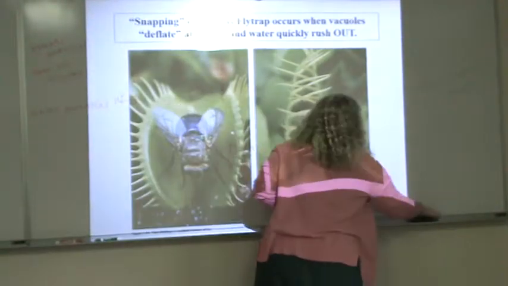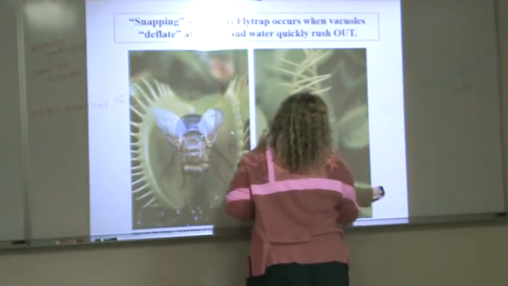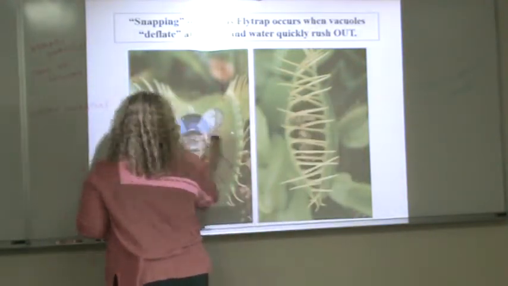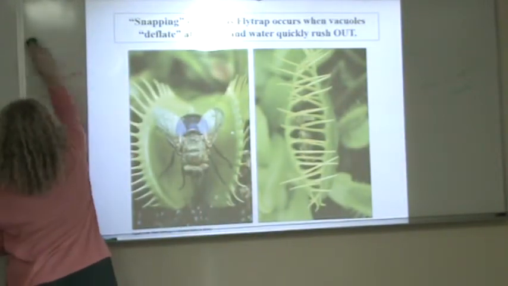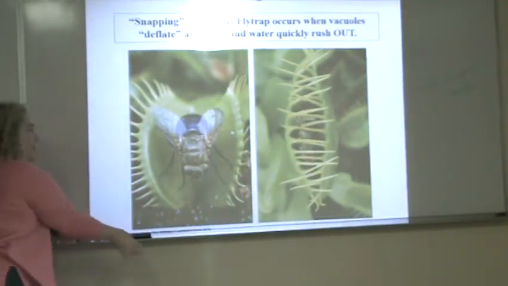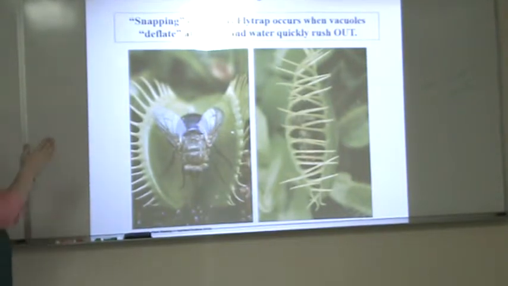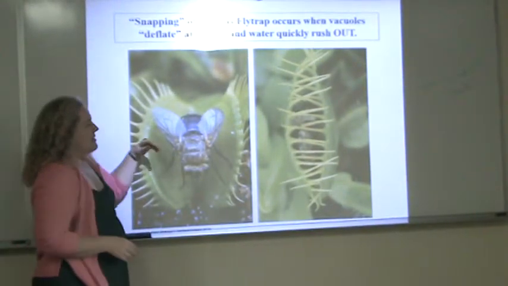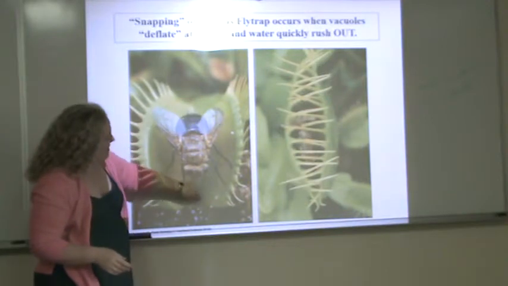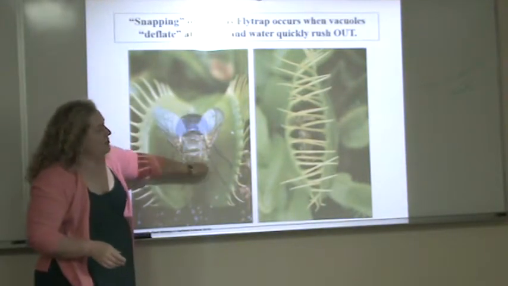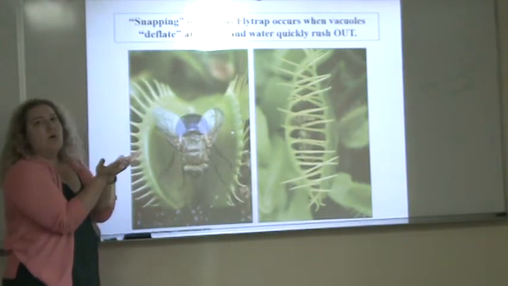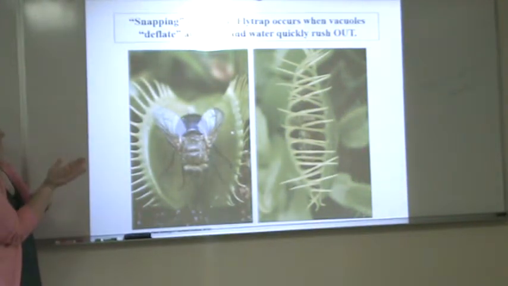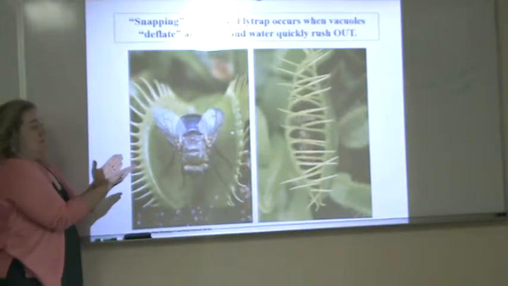So making solutes build up and pull water, plants use this to do some pretty interesting things. So when a Venus flytrap hinge snaps shut, the reason it does that is that back in this region behind the fly, there are vacuoles that are filled up with water, and they are holding the sides open.